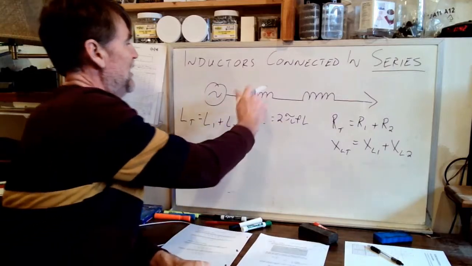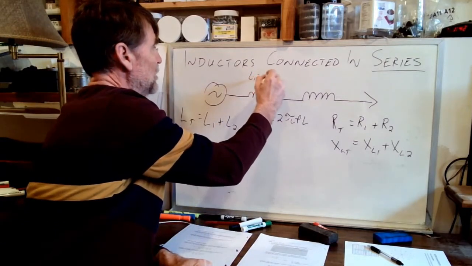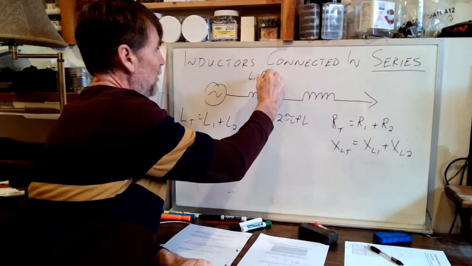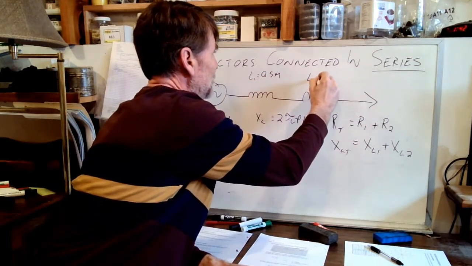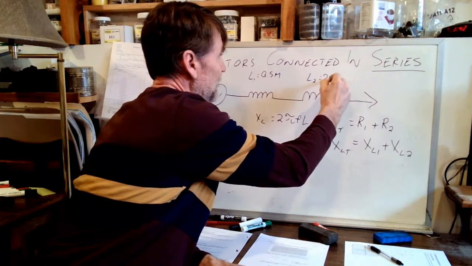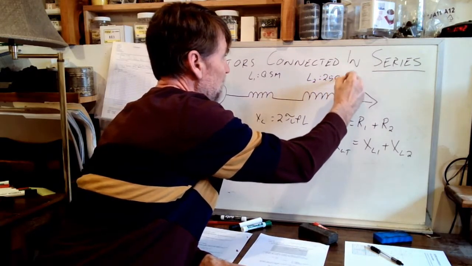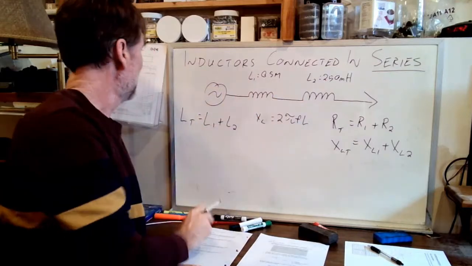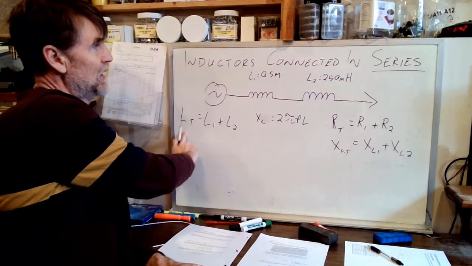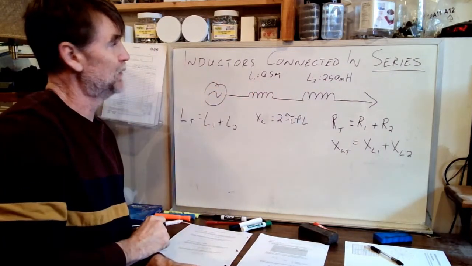Okay, so I could tell you that L1 equals 0.5 henries and L2 equals 250 millihenries, and you can add them up, and the total inductance is 0.75 henries.